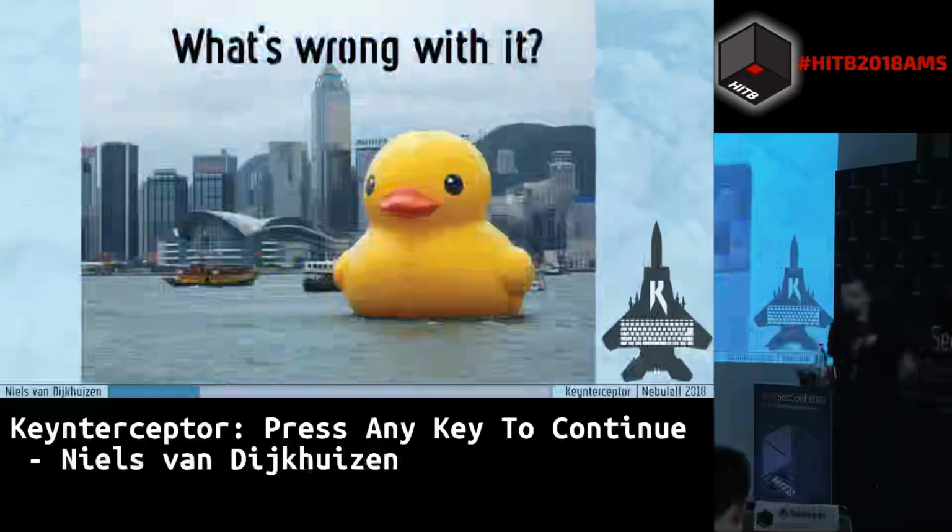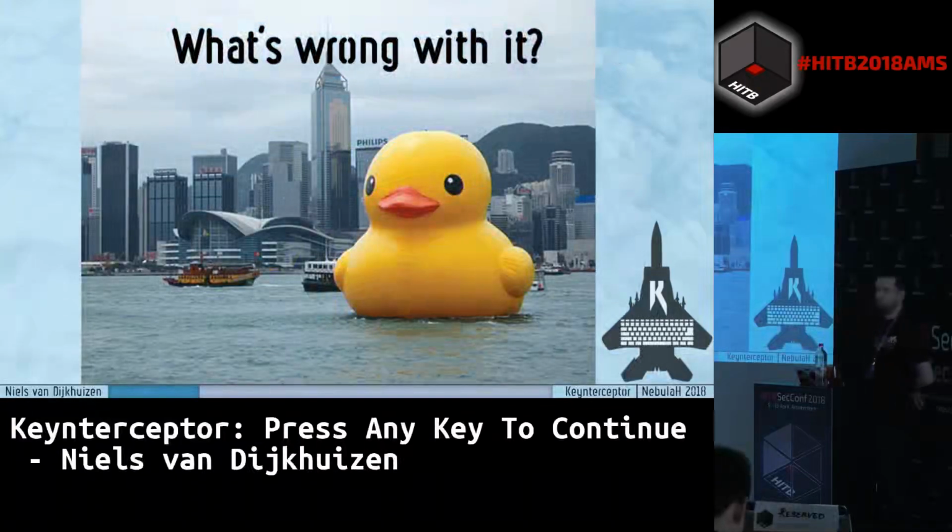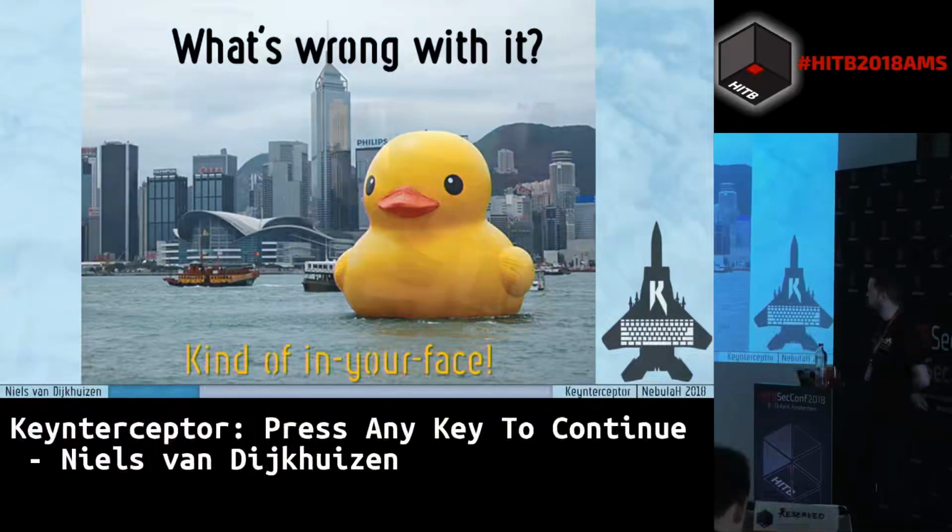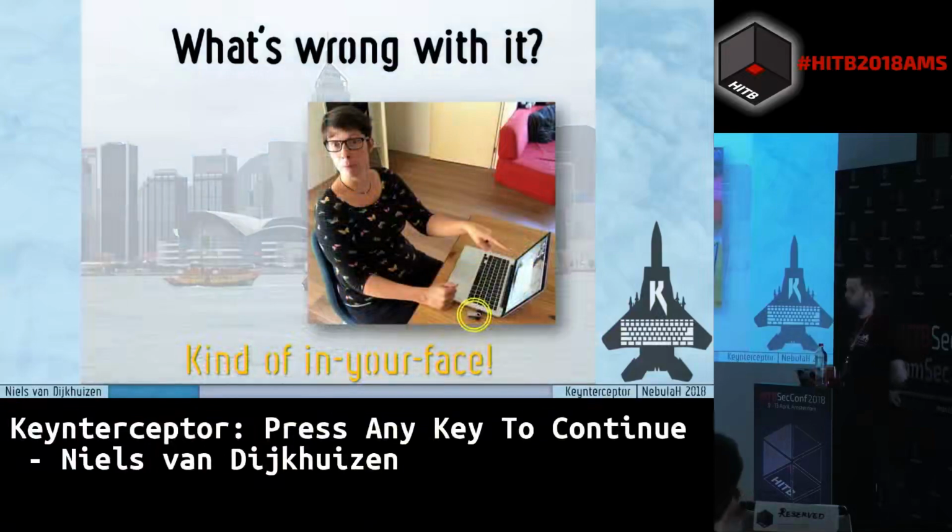What they all have in common is that they are pretty in your face. I mean, if you sit behind a machine, plug it in, and you see weird stuff happening, you will probably shut your computer, throw out the device, and call the help desk or something.